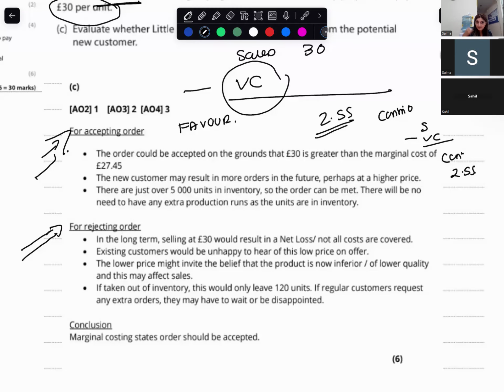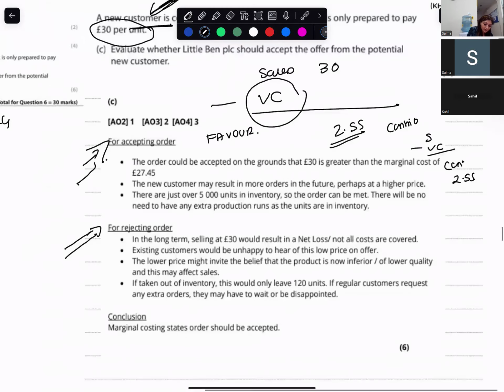If the product is able to recover the variable cost, it is giving you something more to recover the fixed cost, but you should ensure that you have spare capacity to produce these 5,000 units. Also, if you remember, we have closing inventory of 5150 units, right?